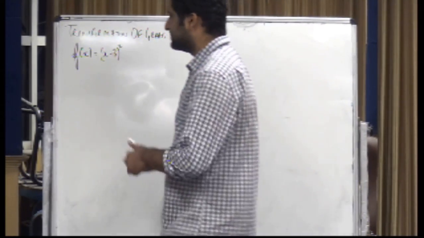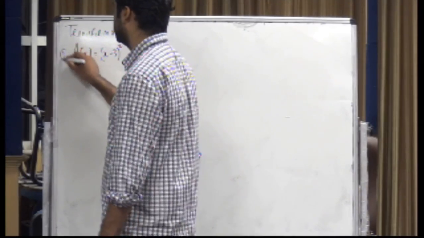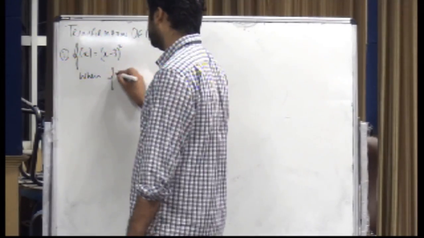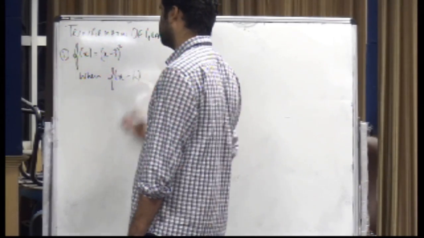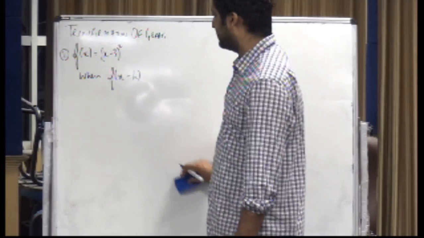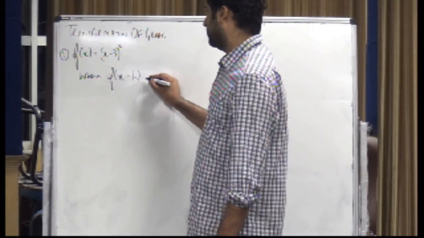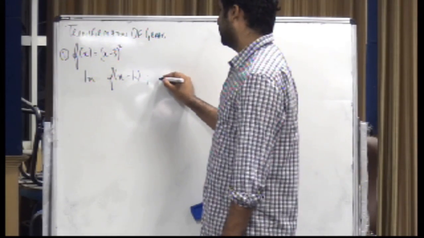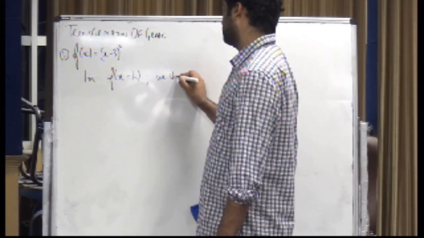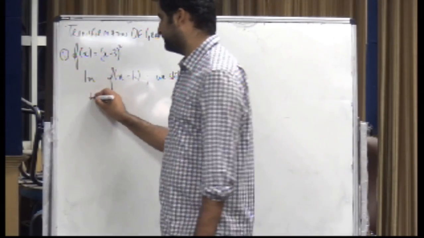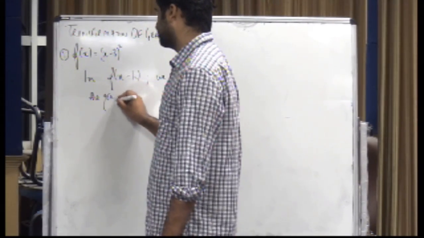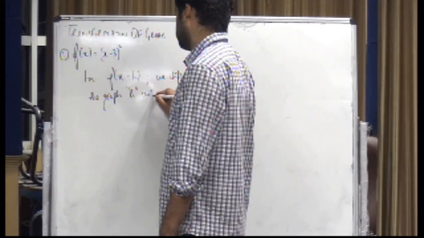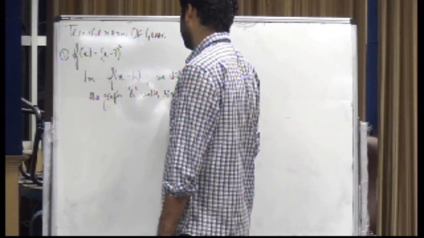The first type of transformation of graph is when we need f of x minus h, the graph of x minus h. Write down: in f of x minus h we shift the graph h units to the right.